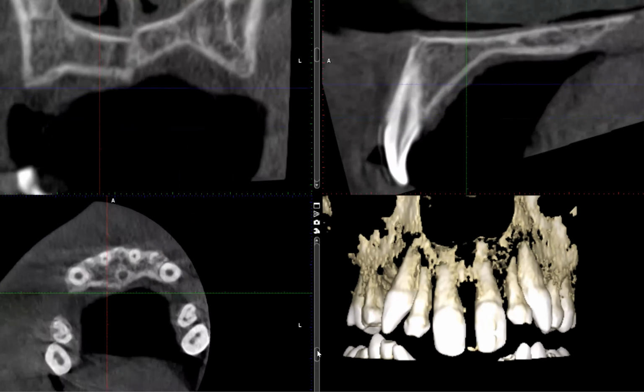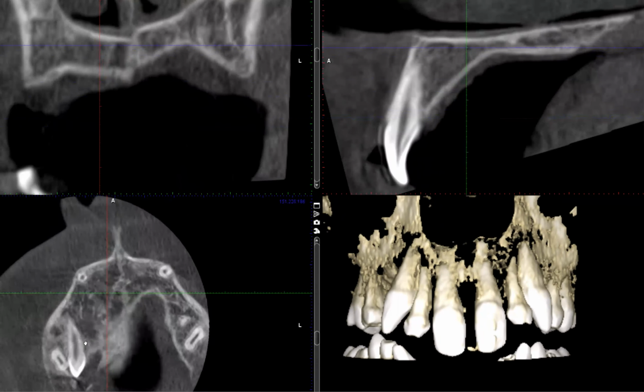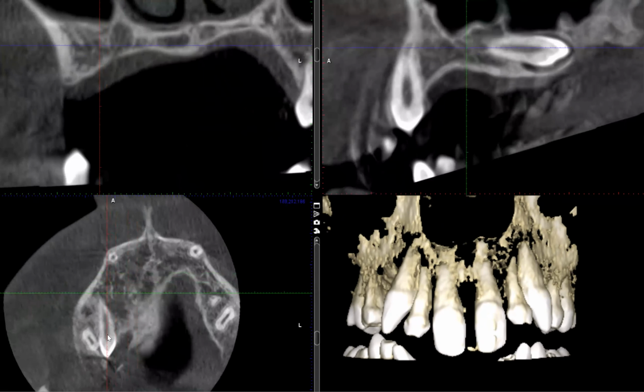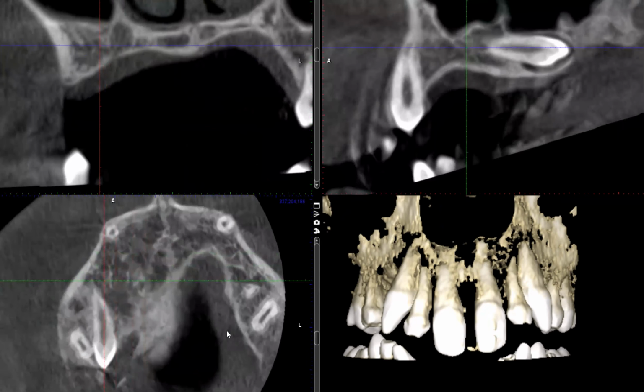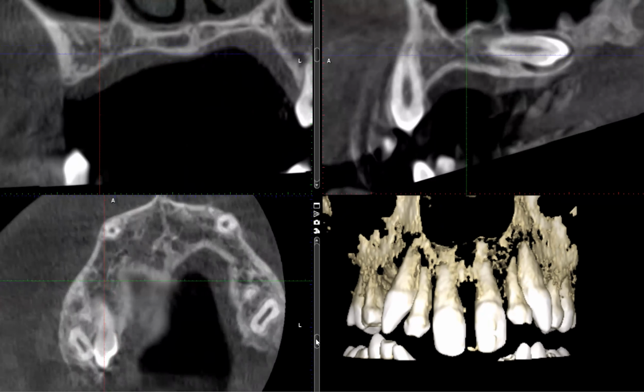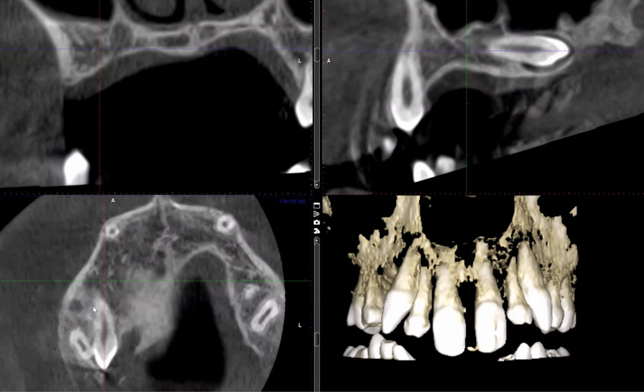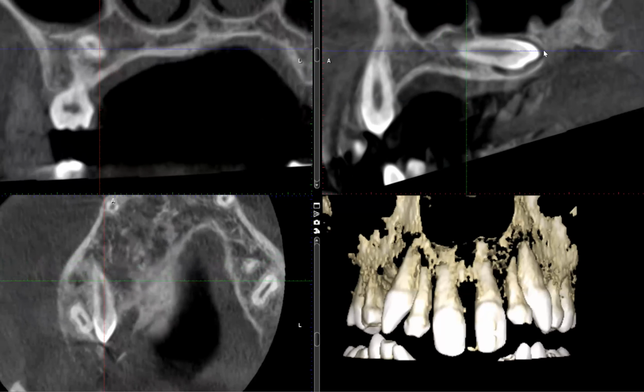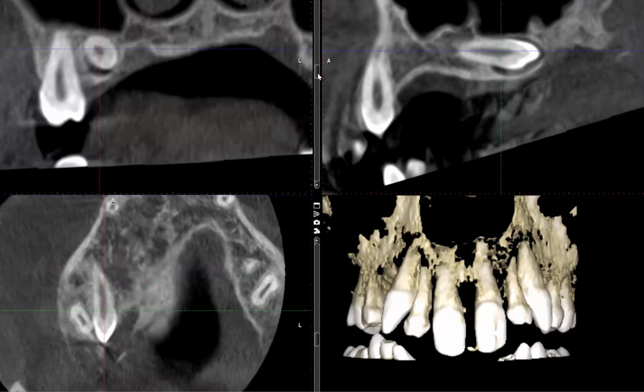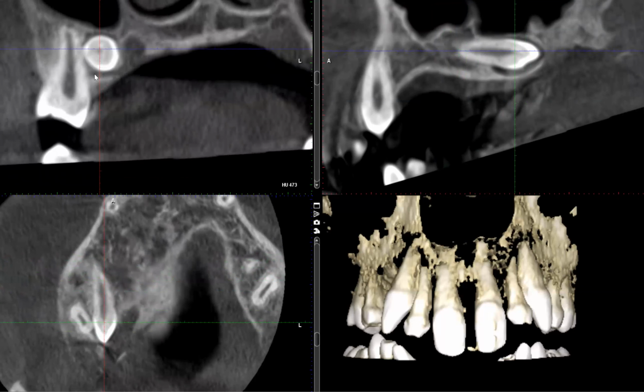Additionally, as I said, I will get back to that area. I want you to see that there is a horizontally impacted permanent premolar right palatal to tooth number 3 and primary tooth letter A. And it's horizontally impacted and distally tipped or distally pointed. So it's located right below the maxillary sinus, surrounded by the adjacent lingual cortical plate.